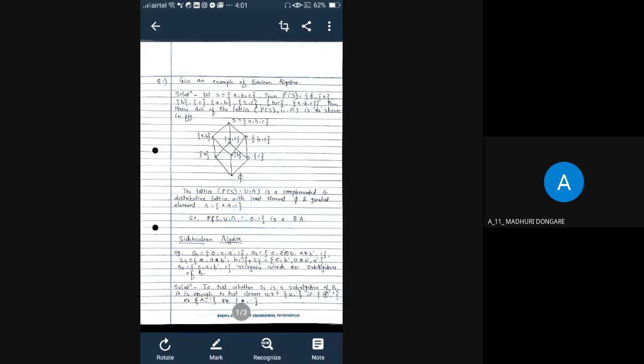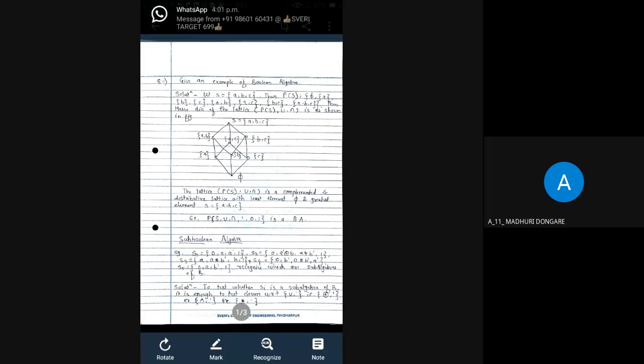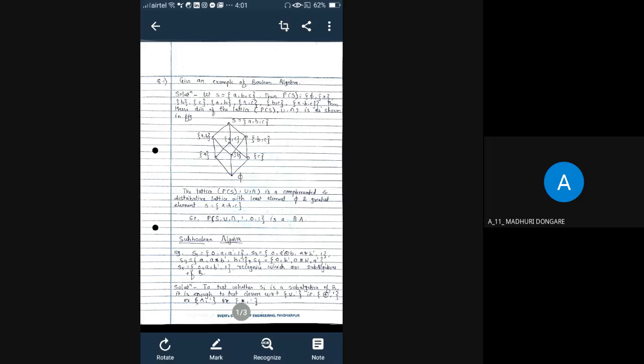This is the power set of S. Then the Hasse diagram of the lattice power set of S under union and intersection is as shown in the figure. Here they have given an example of a lattice which is closed under the operations union and intersection.